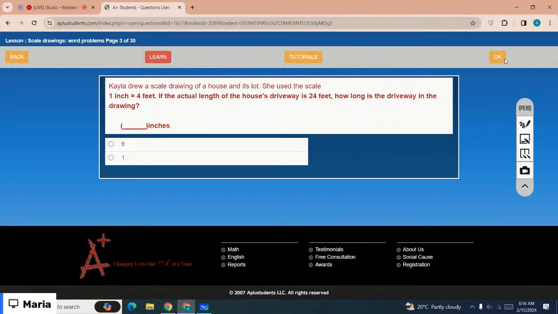Kela drew a scale drawing of a house and its lot. She used the scale 1 inch equals 4 feet. If the actual length of the house driveway is 24 feet, how long is the driveway in the drawing? So, which is the correct option?